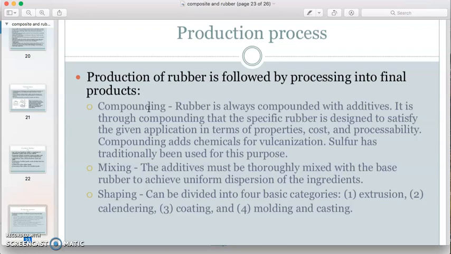And also we can use a shaping process, which can be done using four methods: extrusion, which is similar to plastic extrusion, then the calendering process, the coating process, and molding and casting.